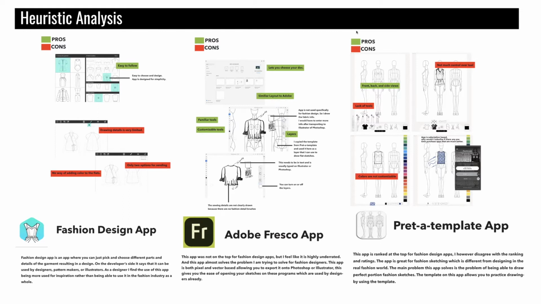And the Preda template has a template where you can sketch, and it has the croquis in place where you can actually sketch on their app with the template already there.